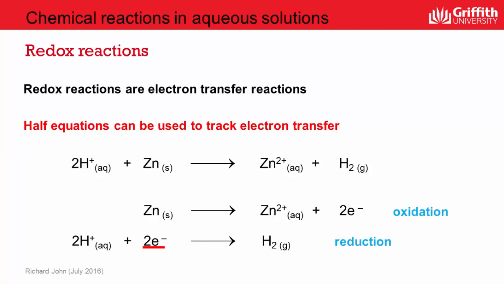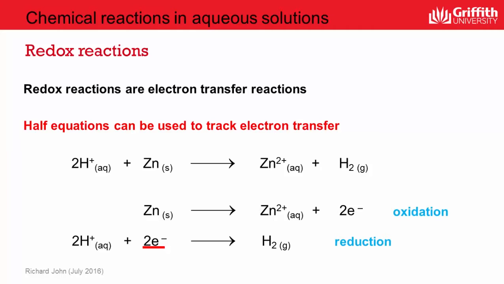If we just focus on what happens to the hydrogen, we can see that the 2H+ ions actually end up as the elemental H2 gas. Now, in order for that to happen, hydrogen ions must have accepted electrons, or gained electrons. Each one of those hydrogen ions has gained 1 electron, and the H2 molecule has been formed.